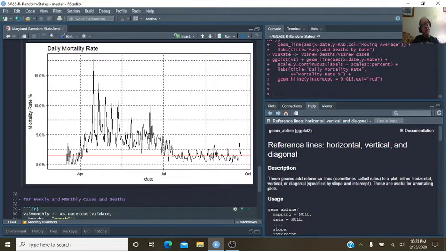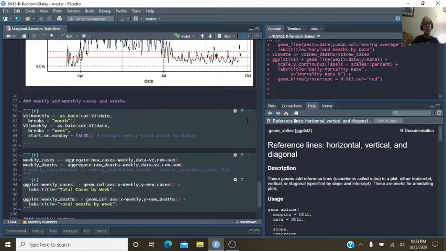It may not be the most accurate, but it does give us some idea of what's going on. This number is the average death rate, the average mortality rate. Look at this. The mortality rate is staying below 2.5% almost the whole time. That's not bad considering you were up to 5% just a few weeks ago.